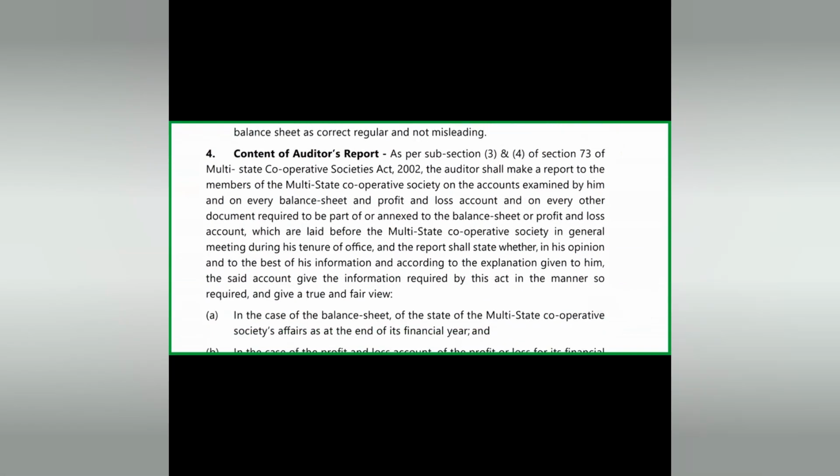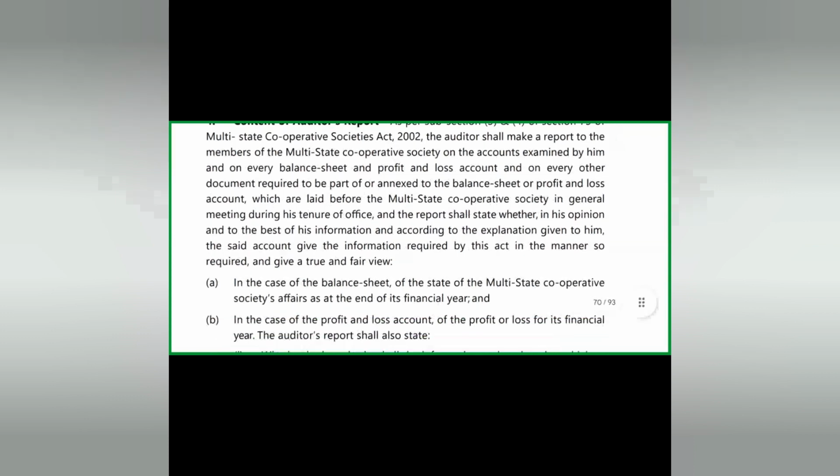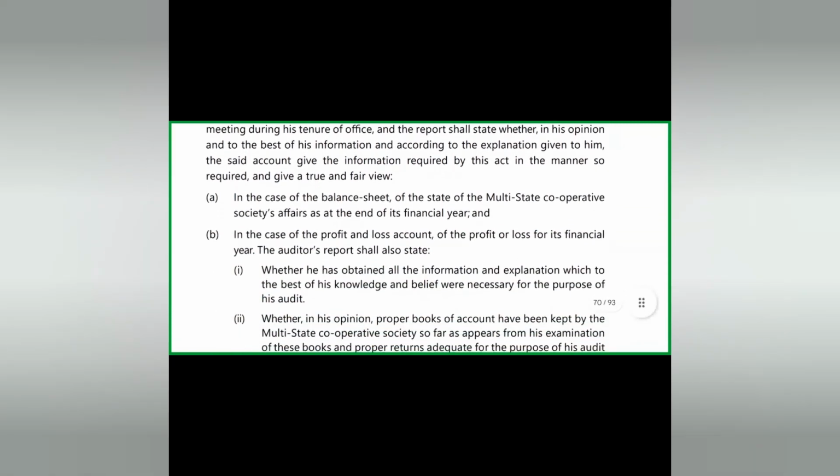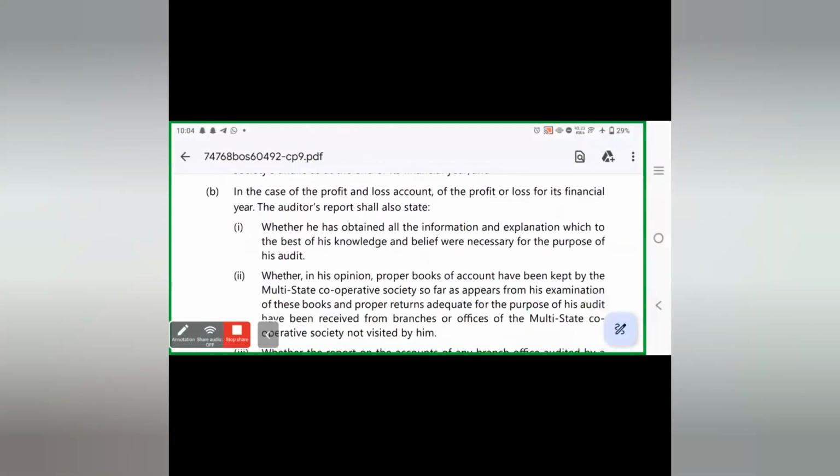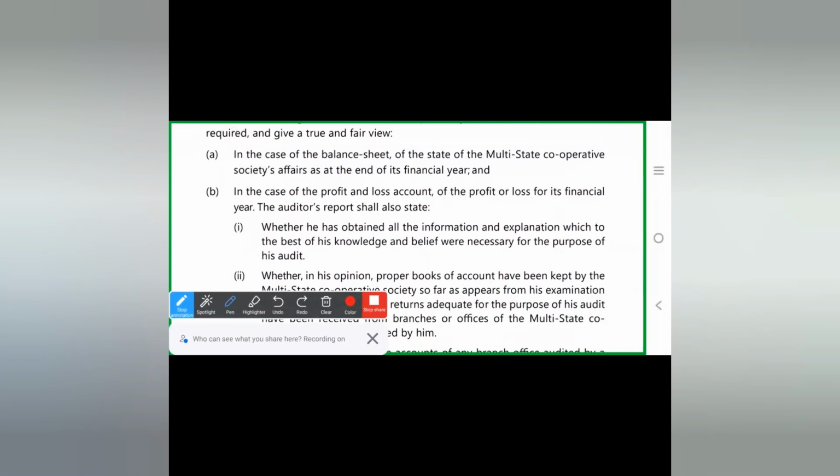Now, content of the audit report has to be on every balance sheet, P&L account, and every other document required to be annexed. So auditor has to give the best of his information according to the explanation, and this can be in the case of balance sheet of the multi-state cooperative societies.